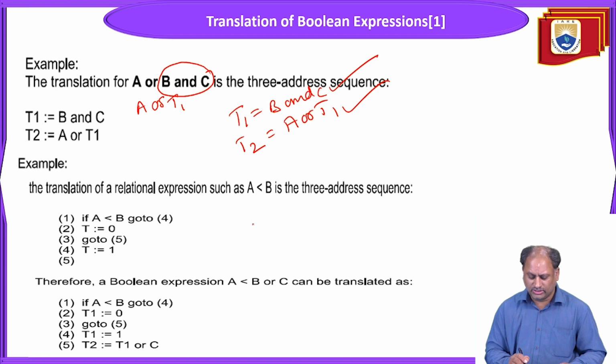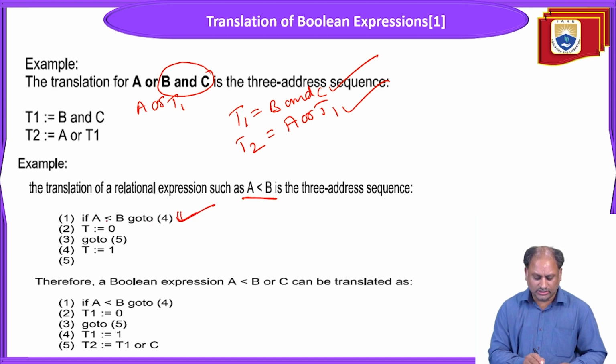But the three address sequence can be written with the syntax directed translation. Suppose the expression is, for example, A less than B, then we have to write a code notation such as: if A less than B go to 4.